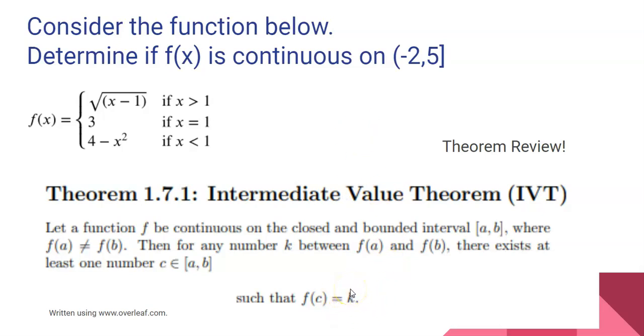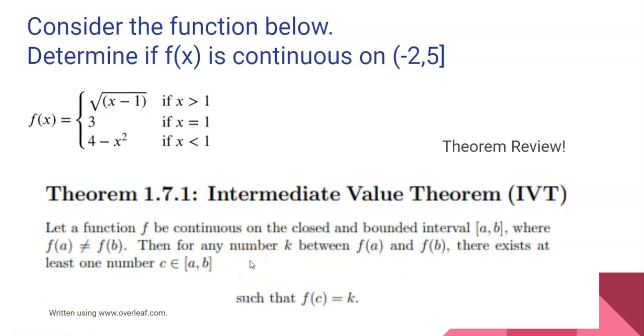If a function is not continuous at the point c, for example, c equal to 1, within the interval a and b, the IVT cannot guarantee the existence of c such that f of c is equal to k. So if f of x is not continuous at c equals 1, there might be no value k for which f of c is equal to k due to the discontinuity.